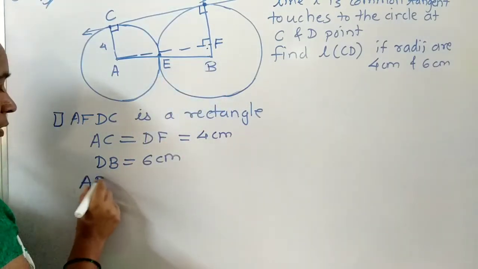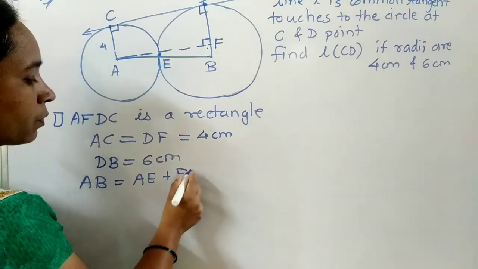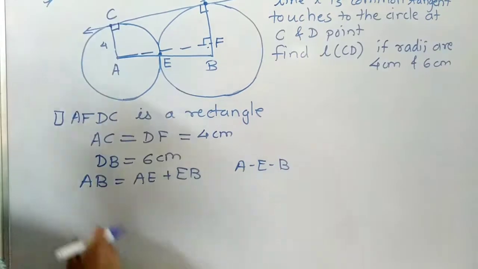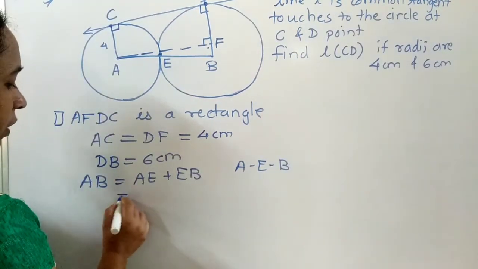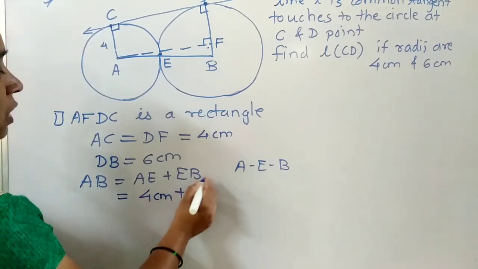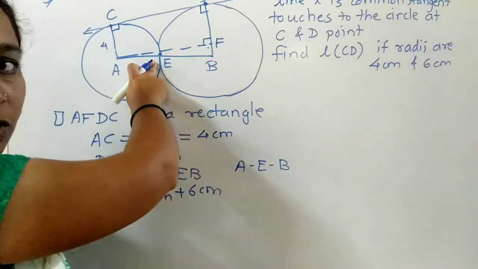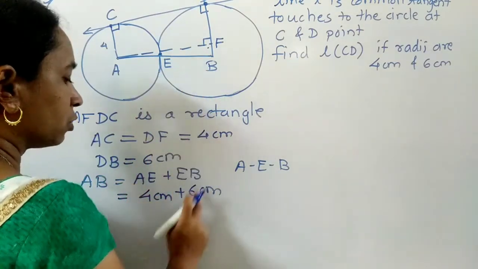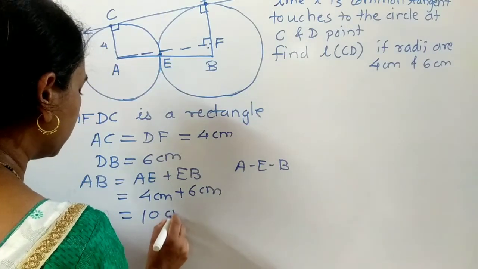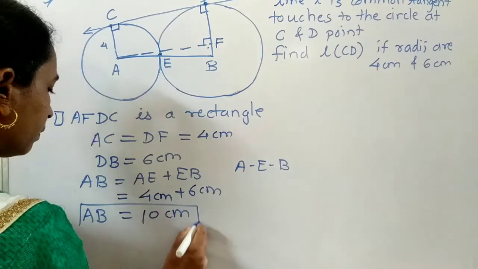AB is the segment AE plus EB, because A, E, B are collinear. AE is 4 centimeters plus EB is 6 centimeters. AE is the radius of the smaller circle, EB is the radius of the larger circle. Adding them, I get 10 centimeters. AB's value is 10 centimeters.